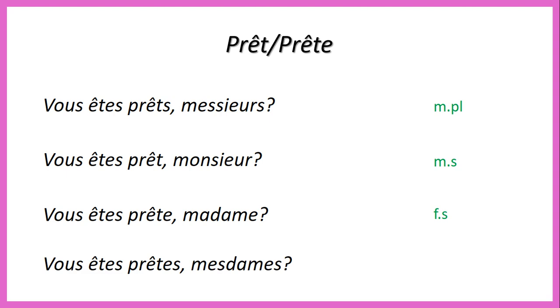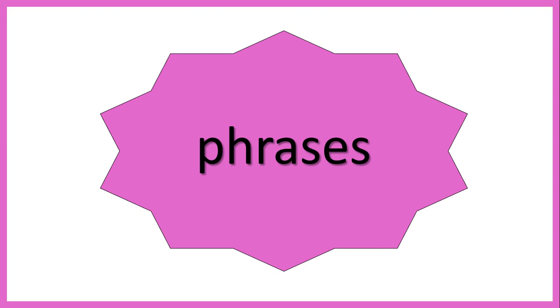Or if I'm speaking to more than one woman, I have mesdames, which means women. Vous êtes prêtes, mesdames? Are you ready? And I'm speaking to the women in front of me. So, féminin pluriel here.